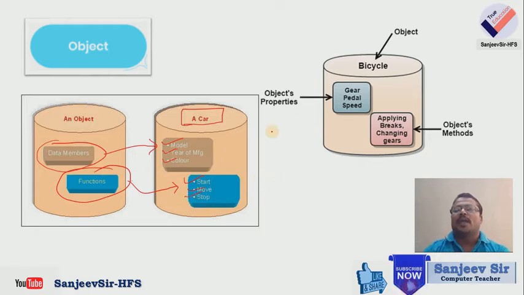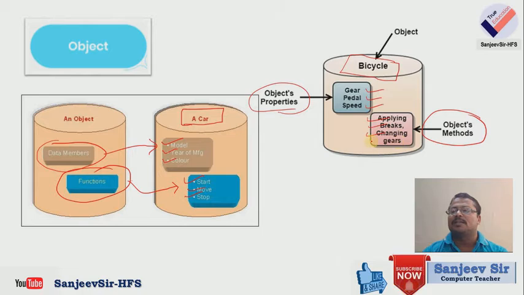Okay, and a bicycle is also another object. So the properties of the object will be gear, pedal and speed. But the object methods are applying the brake, changing gears, yes or no? That means all these things are objects.